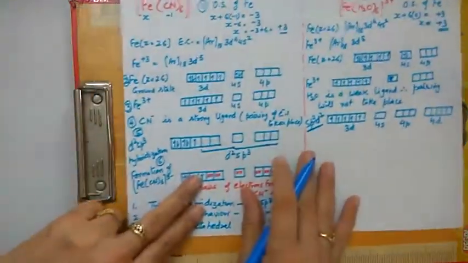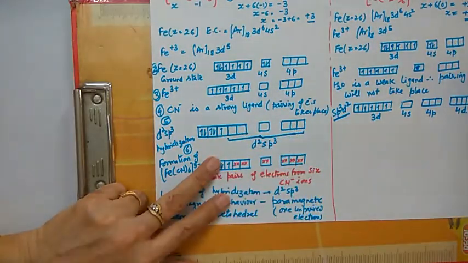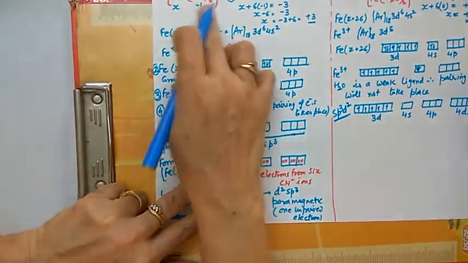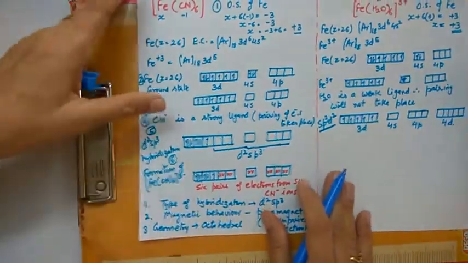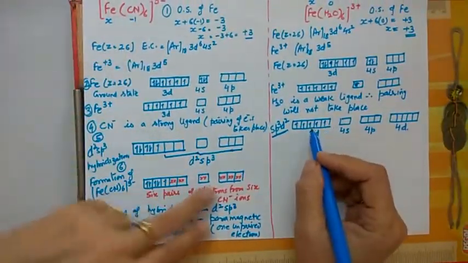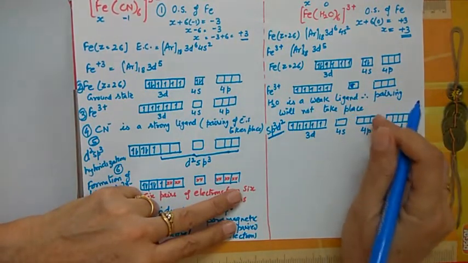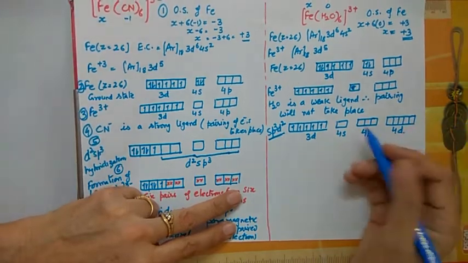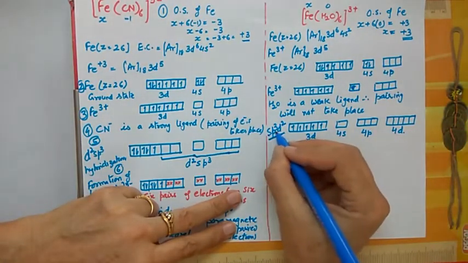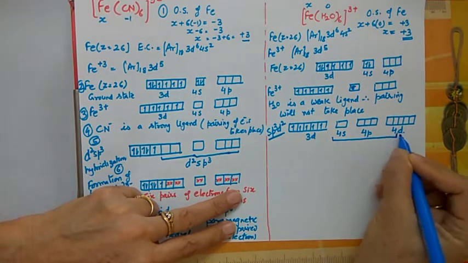Here in the earlier case, pairing had taken place so the inner orbitals became empty. We need 6 orbitals empty because there are 6 ligands: 1, 2, 3, 4, 5, 6. Here as pairing is not taking place and up to 4p we have only 4 orbitals, so to have 6 they will use the outer d orbitals and hybridization will be sp3d2. Clear?